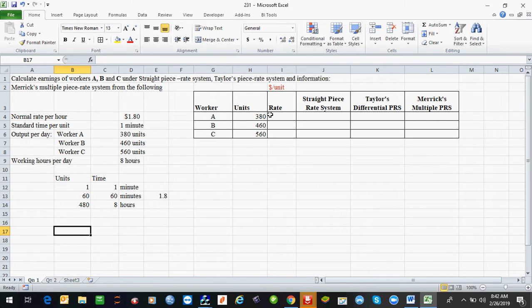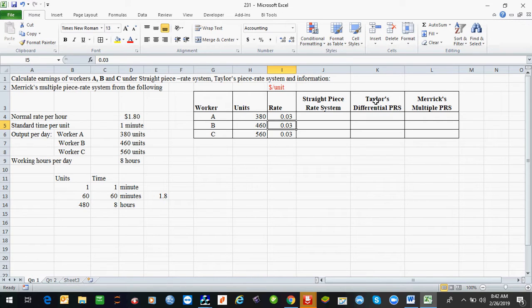So our rate is $1.80 divided by 60 units, which is 3 cents. Therefore our rate is 3 cents, because we cannot say per hour, since our rate is supposed to be dollar amount per unit.